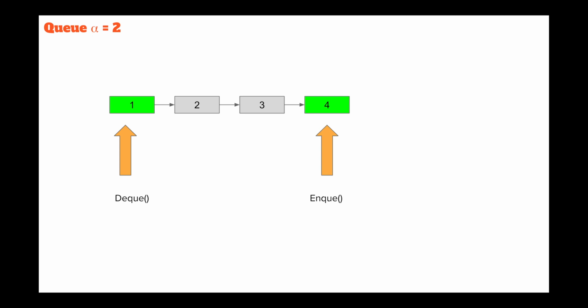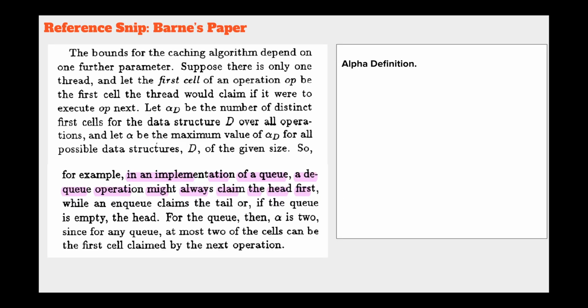Say, for example, if there is a linked list used as a backend for a queue, then the number of entry points is 2 and alpha is 2.